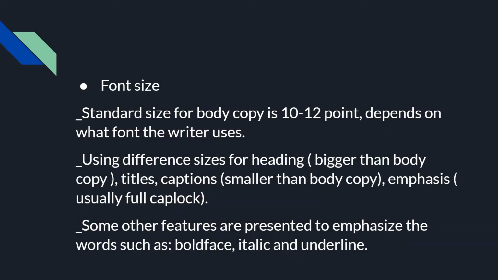The size of the letters and words are also important. The standard size for the body copy is 10 to 12 points, depending on what font you're using. Writers usually use different sizes, for example, bigger font for the headings, smaller font size for captions, or full caps for emphasis.